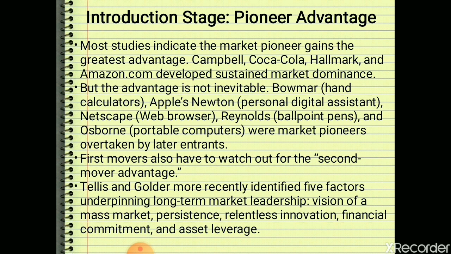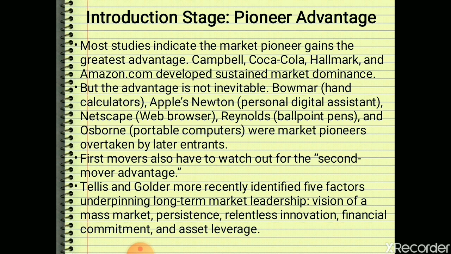So friends, as we know, the product life cycle generally has four different stages: introduction stage, growth stage, maturity stage and decline stage. And the strategies, sales, profit, promotion and everything are different in each and every stage.